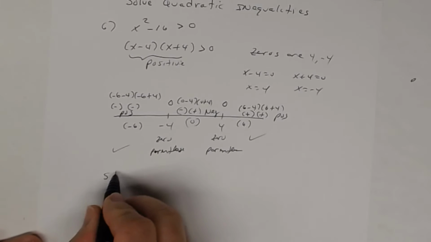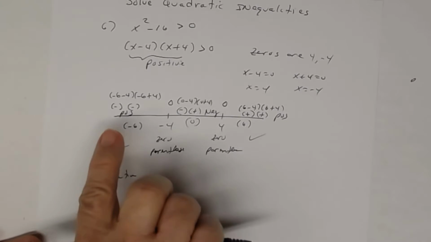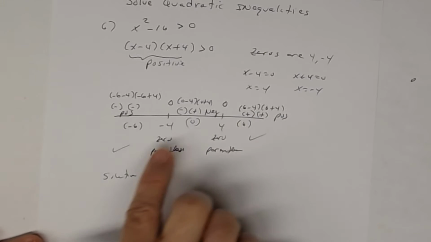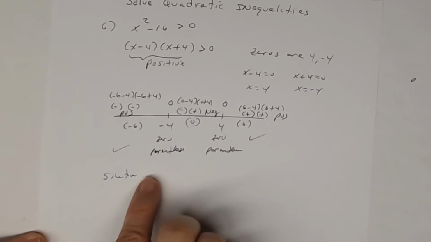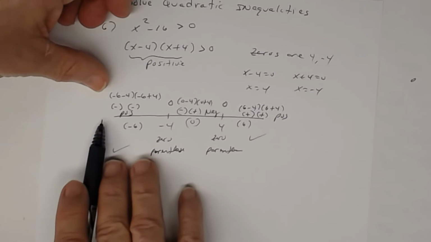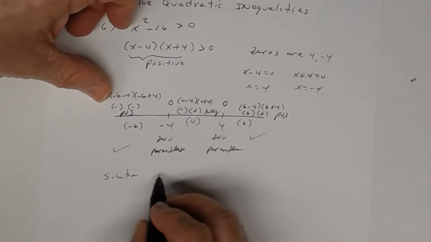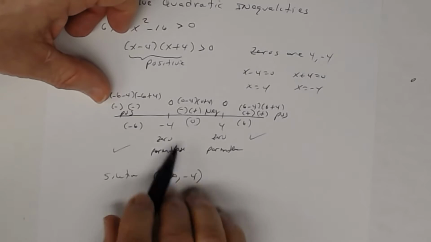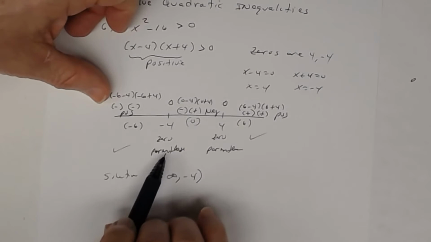So what's your solution? Always remember, you must go from left to right, from smallest to largest, so your solution must be listed in the correct order. So you go from negative infinity to negative 4, with a parenthesis on negative 4 because there's no equal sign.